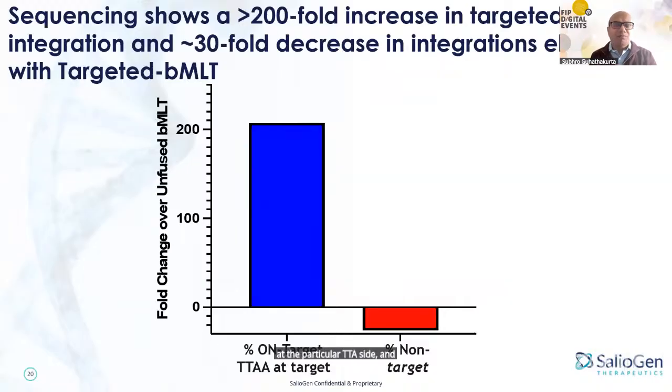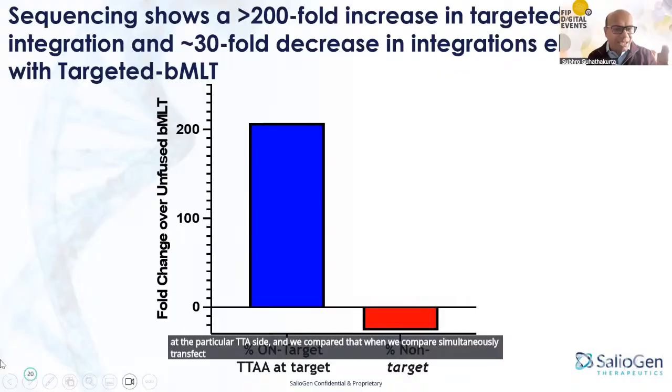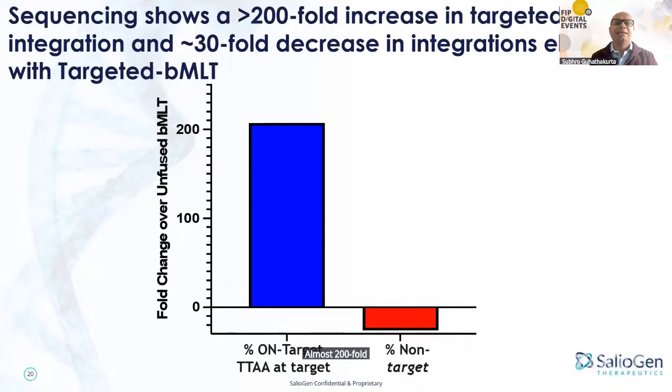We compared that by simultaneously transfecting the untargeted BMLT and the targeted BMLT, and we found that the targeted BMLT could introduce almost 200-fold more than the untargeted one.